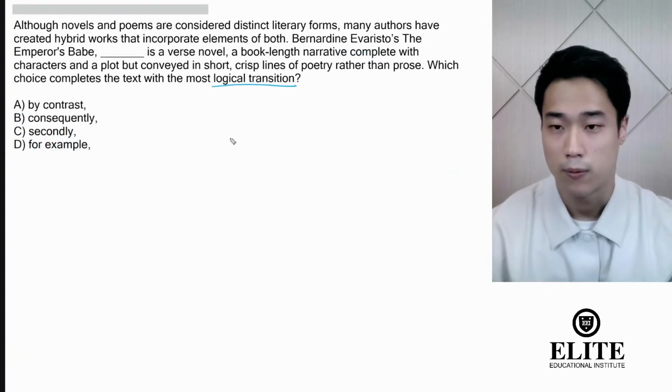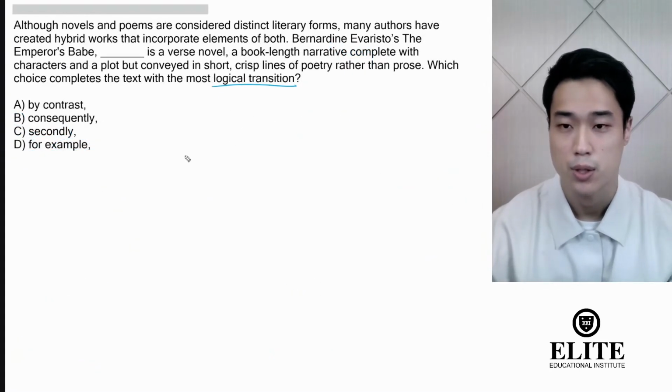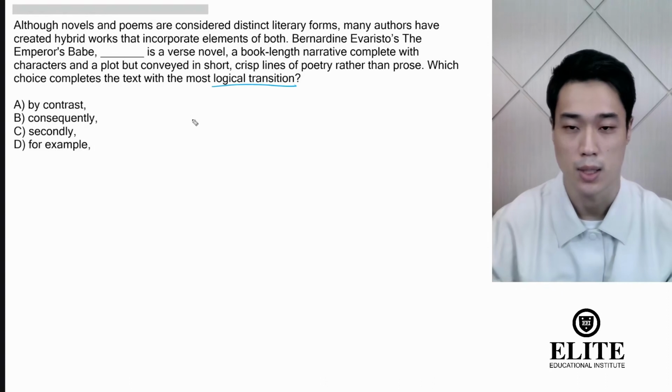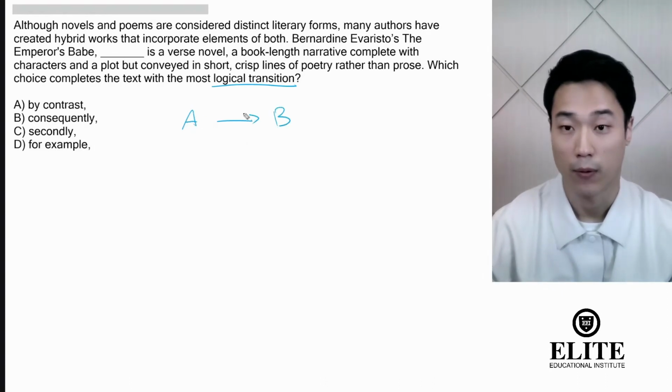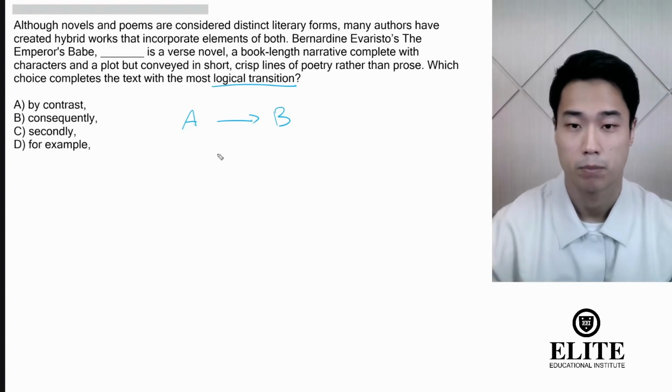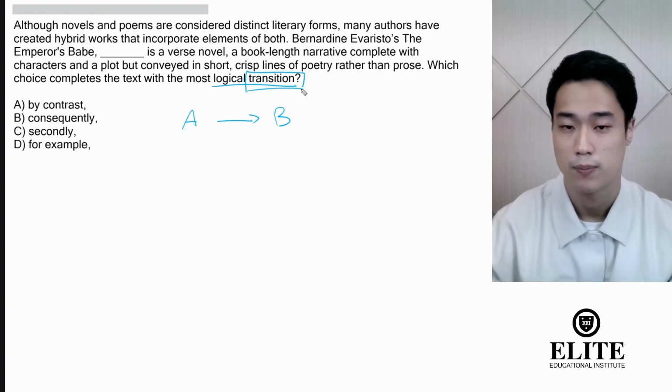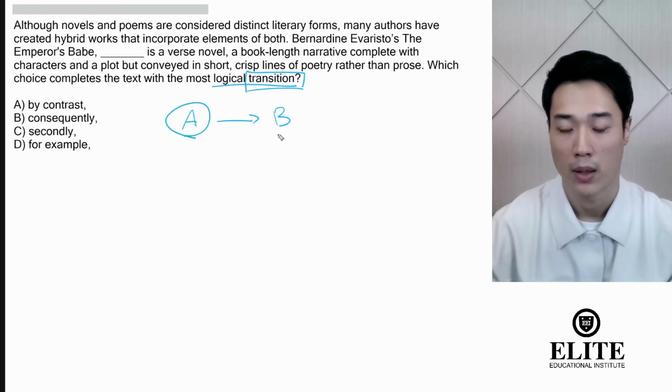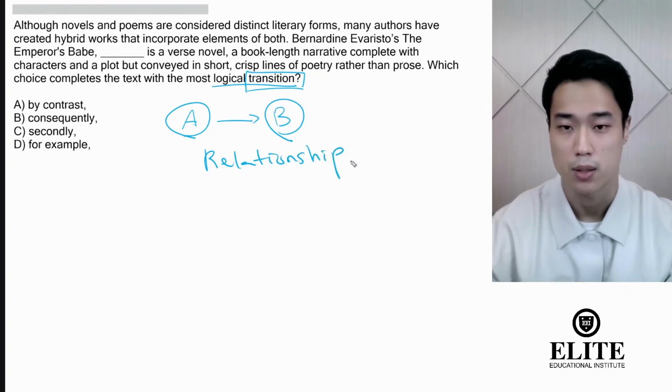We're asked to look for logical transitions in this question. Transitions coordinate how information flows from one sentence to another, transitioning from A to B. So it's very important that we know from where to where things go, and we need to know the relationship between these two things.